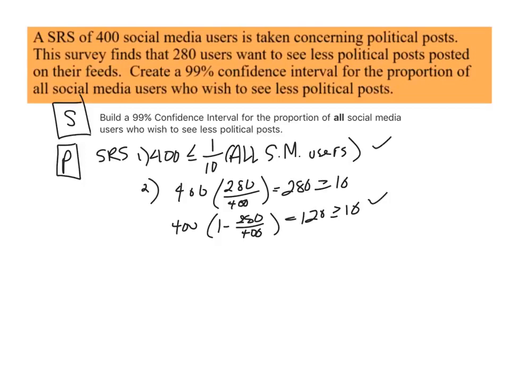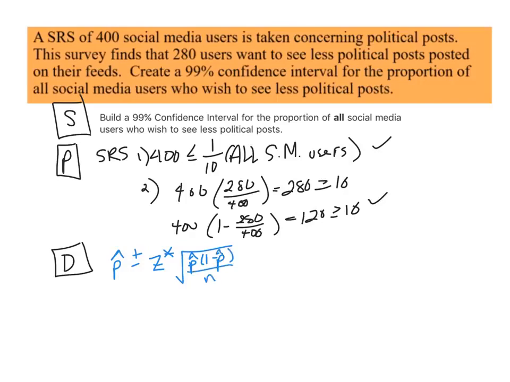So now let's do. If we'd like to use the formula, we do 280 divided by 400 to see what our p hat is, our p hat plus or minus Z star multiplied by the square root of p hat times 1 minus p hat all over n.